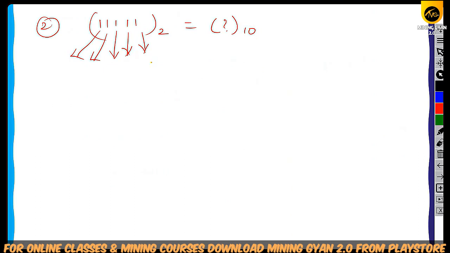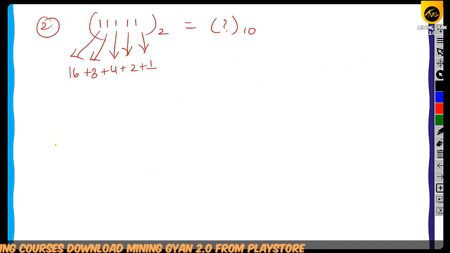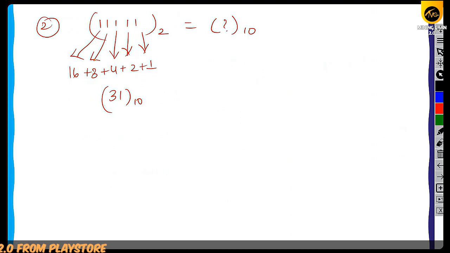So the first one will be 1, second 2, 4, 8 and 16. Just add these numbers and you will get the decimal form of the number. So 16 plus 8, 24, 28, 30 and 31. So 31 is the decimal form of 11111. Okay, so the answer will be 31.